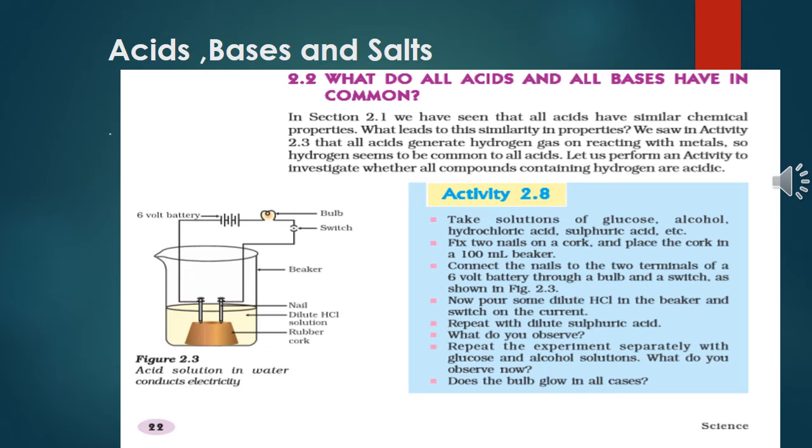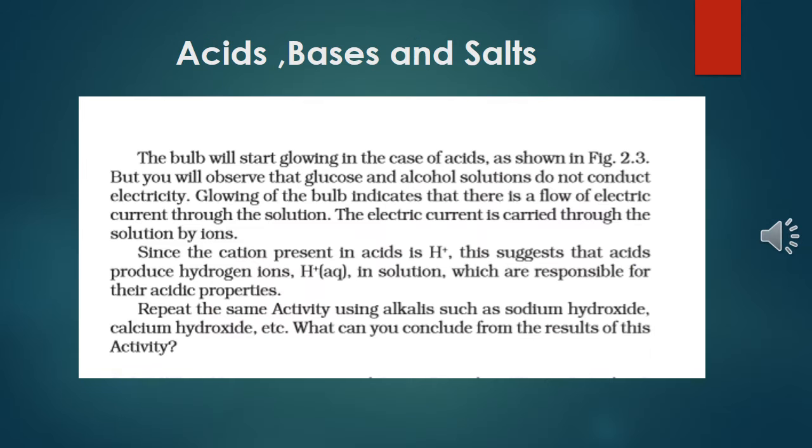Now let's discuss what we observe in our next slide. Here we observe that the bulb will start glowing in the case of acids. But you will observe that glucose and alcohol solution do not conduct electricity.